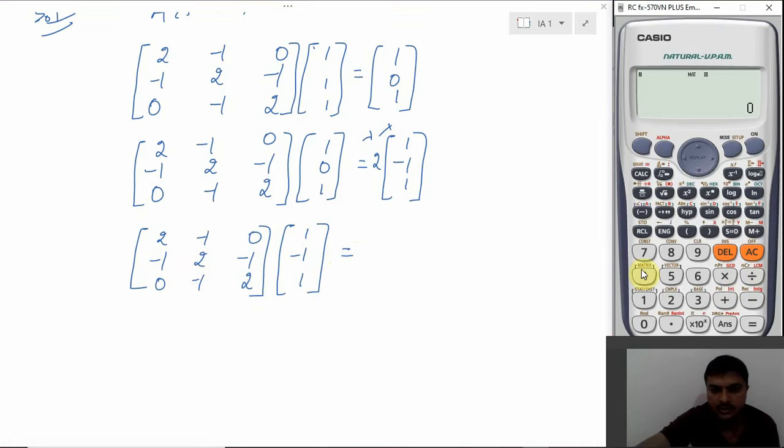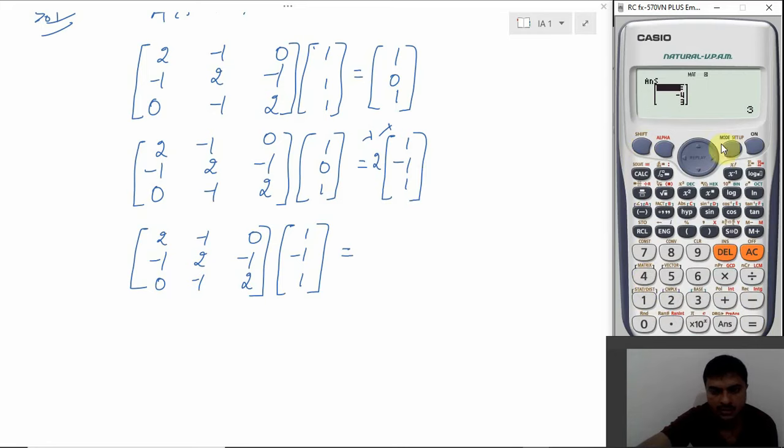Again I have to fill in the x value in matrix B. Matrix A is already there, so just shift 4 1, 2, 3. Just substitute 1, -1, and then 1. Is it clear? Then AC, shift 4 3 times shift 4 4.